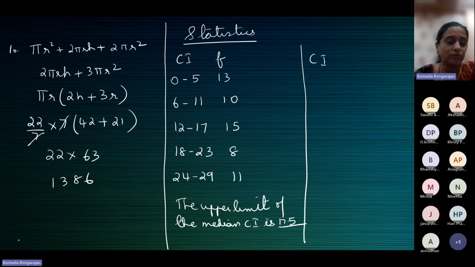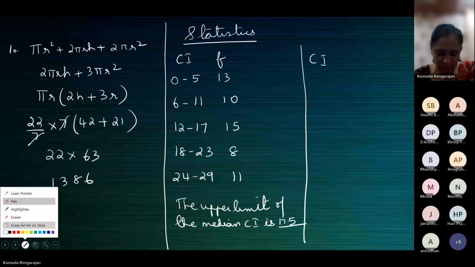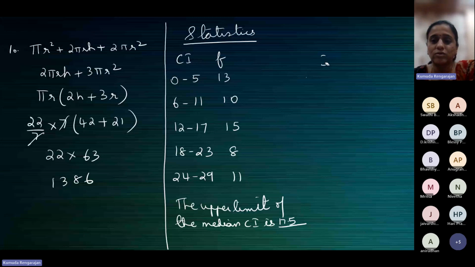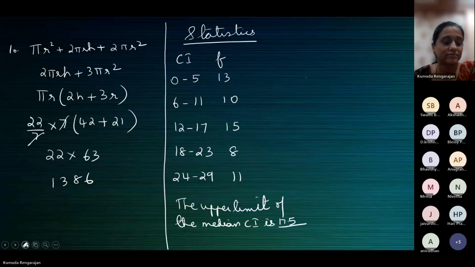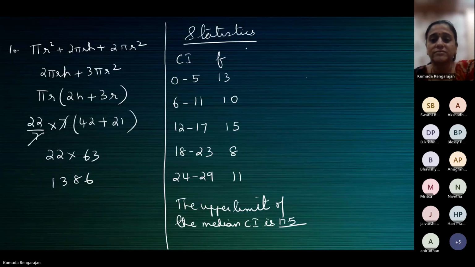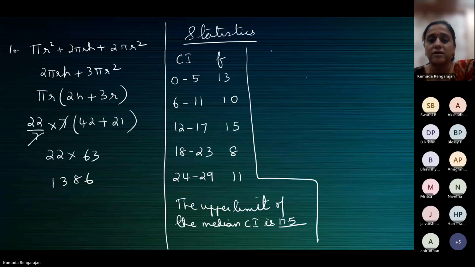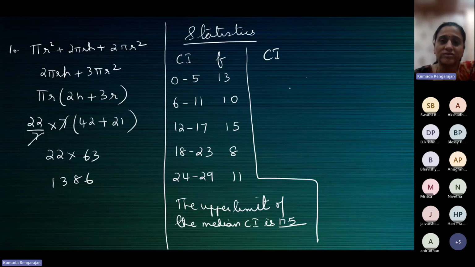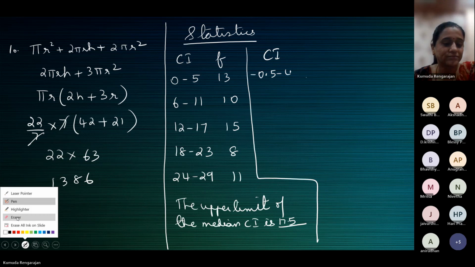So minus 0.5. You're not sure, Hasif. Okay. Make the class intervals continuous. That's the first step. So minus 0.5 to 4.5. Oh, sorry, 5.5.